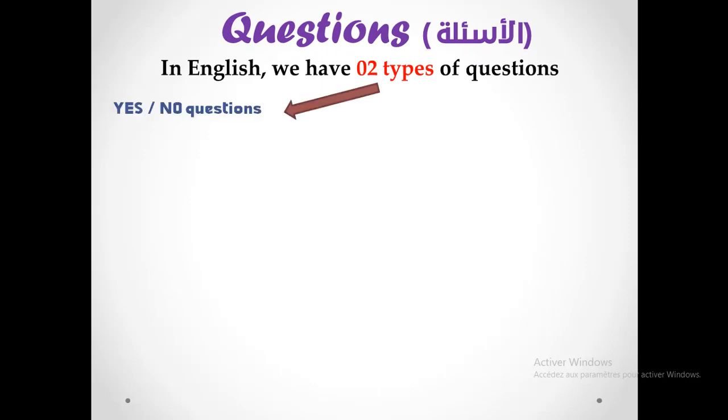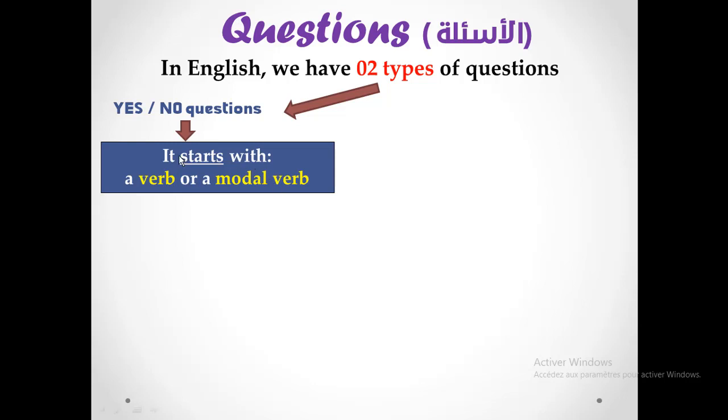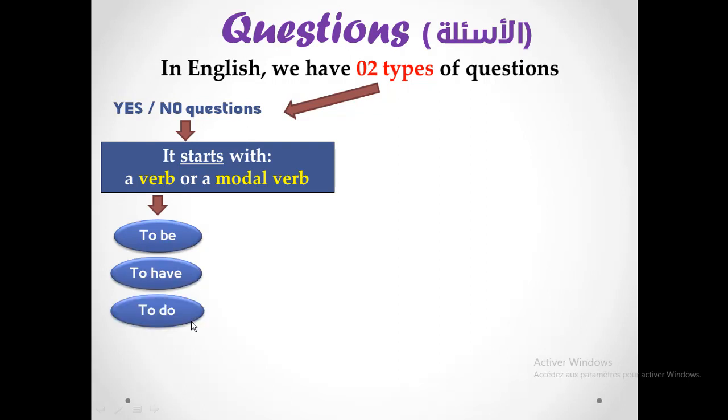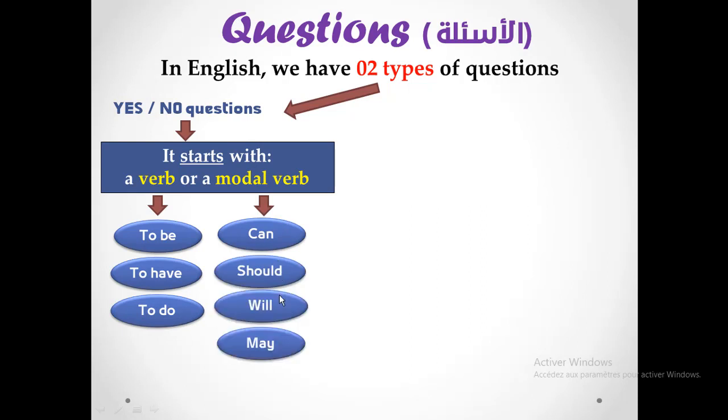First one is yes, no question. It starts with a verb or a modal verb. إذن كيف نعرف سؤال نعم أو كلا؟ هو يبدأ with a verb or a modal verb. A verb like to be, to have, to do. Modal verb like can, should, will, may.